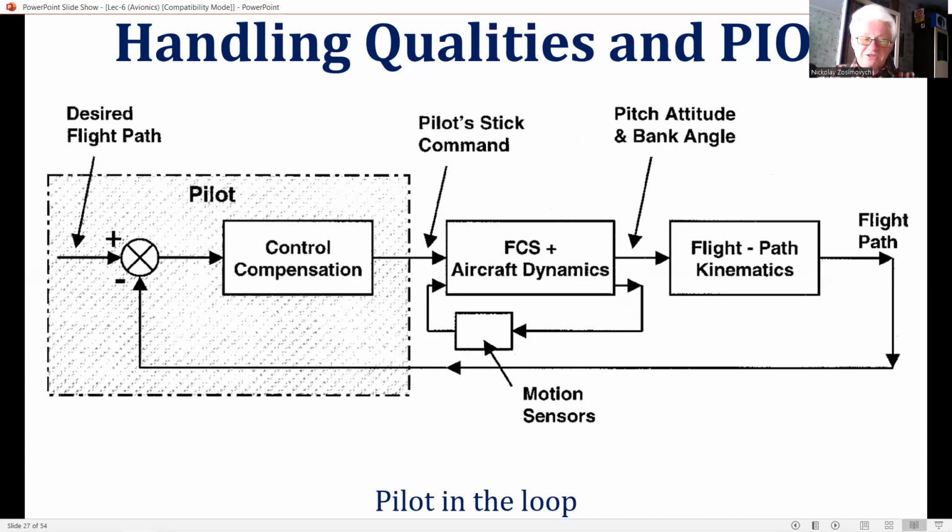The lift force vector acting on the aircraft then produces the desired change in the aircraft's flight path through the flight path kinetics. The loop closure is through the pilot sensing. The matching of the aircraft response to the pilot's response thus determines the aircraft handling or flying characteristics.